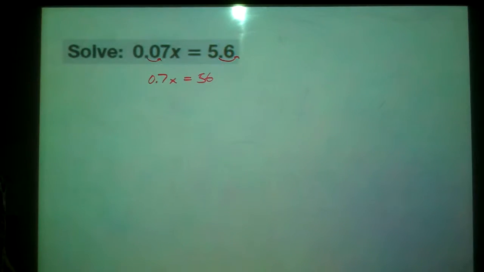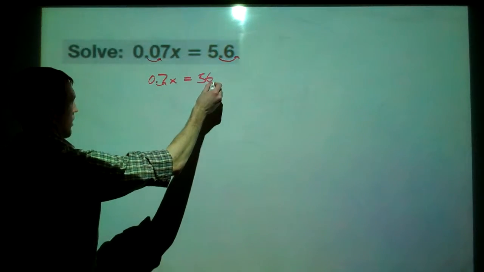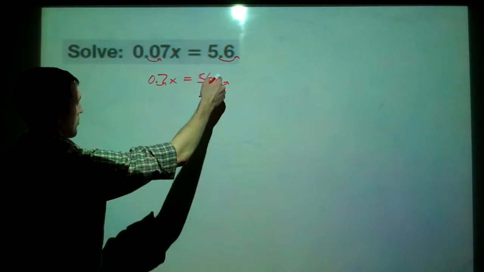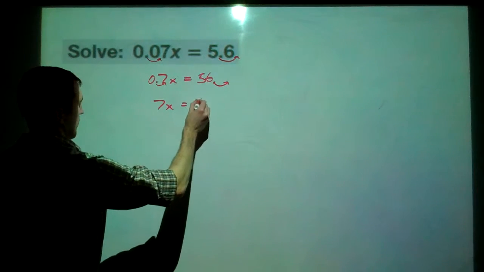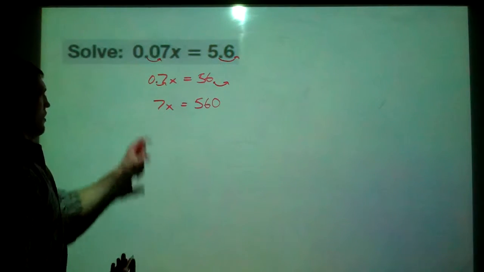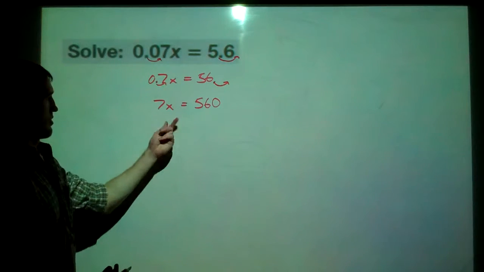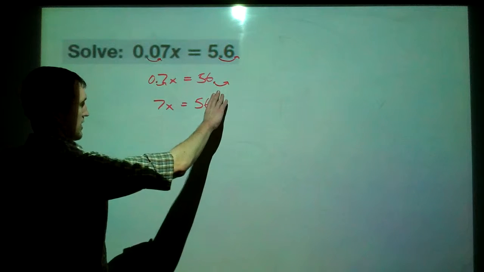But let's move it over one more and see if that's easy. Move that over. Our decimal is here now. Move that over. We add a 0. So we have 7x equals 560. So these are little tricks of the trade here. What looks very confusing can actually be turned into a very simple problem. Because we know that 7 goes into 56 8 times.